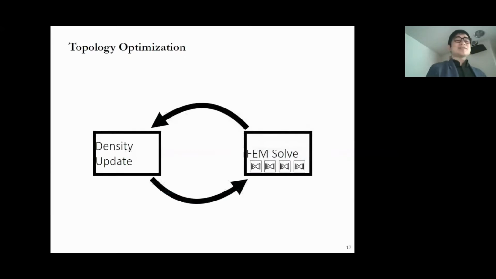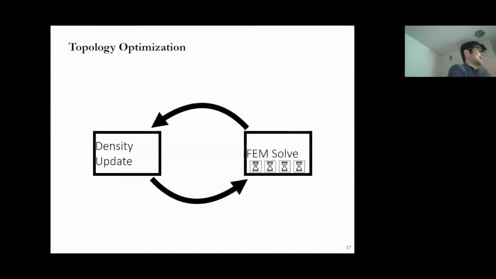What's the problem with this? The main bottleneck of this kind of application is its resolution. If it's an iterative optimizer, we basically have two steps. We discretize our material as voxelized data on a 3D grid, update our density, and then solve the physics according to the updated density.